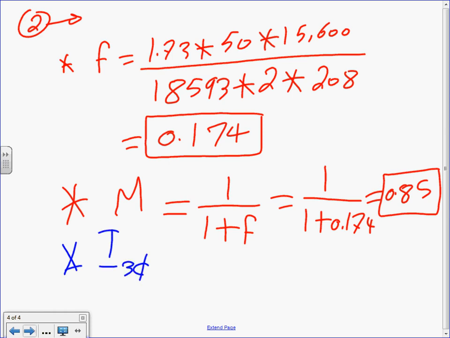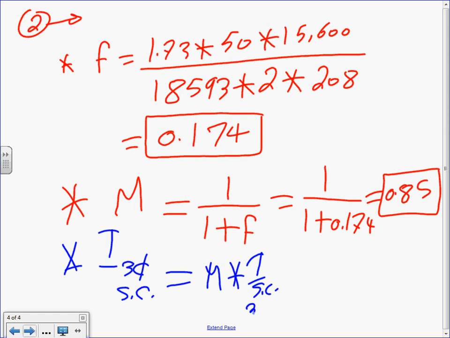three-phase short circuit. Now remember, guys, at which point? Joe, my friend, this is the three-phase short circuit at what point? At point 2. So this is the definition: M multiplied by I short circuit three-phase.